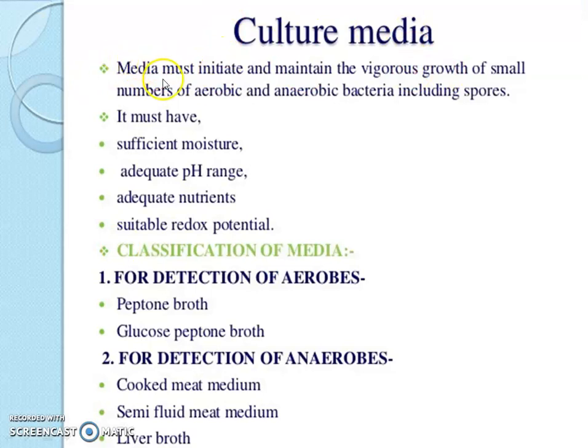Culture media must initiate and maintain the vigorous growth of small numbers of aerobic and anaerobic bacteria, including spores. It must have sufficient moisture, adequate pH range, adequate nutrients, and suitable redox potential. Classification of media: for detection of aerobes, peptone broth and glucose peptone broth; for detection of anaerobes, cooked meat medium, semi-fluid meat medium, and liver broth.